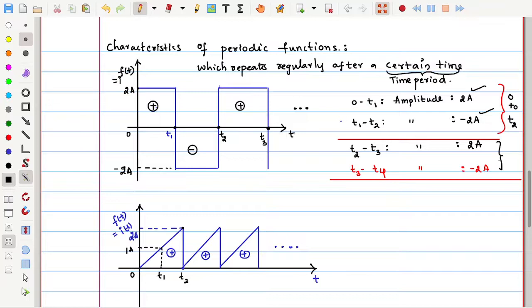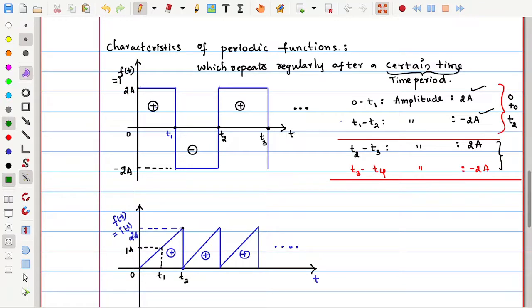So the interval at which the waveform repeats regularly is called the time period. From 0 to T1 positive, T1 to T2 negative, then from T2 onwards again the same nature is going to be repeated.